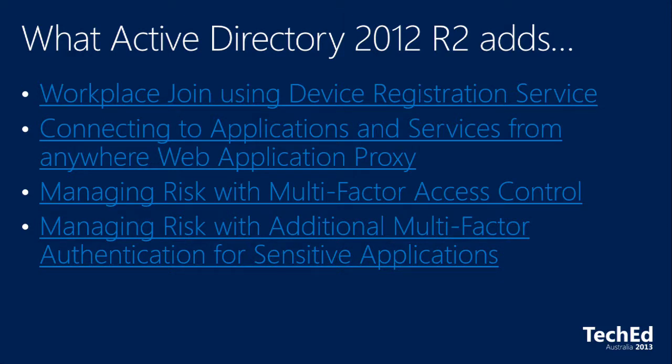Workplace join is where you can allow a non-domain machine, and this is all part of the BYOD strategy, to connect to domain resources. We create an object in AD that comprises the user account that's authenticating this and the device that they're doing it from.